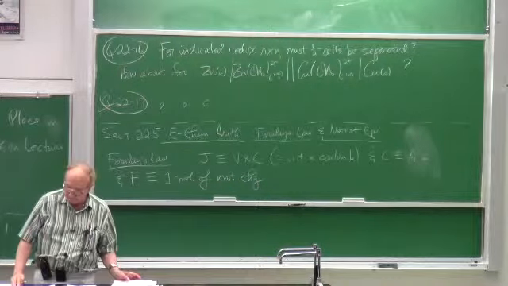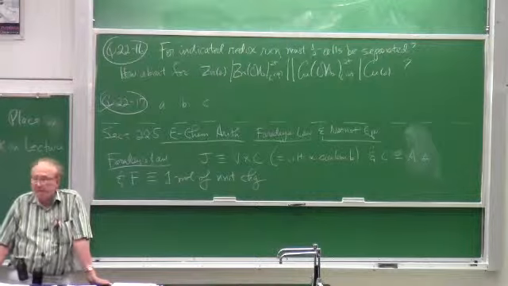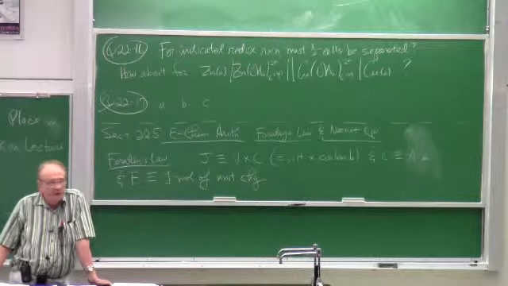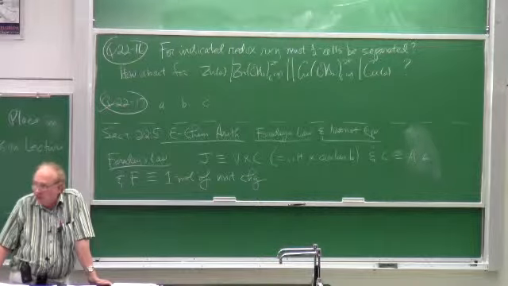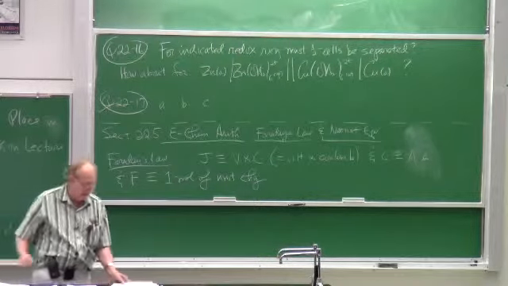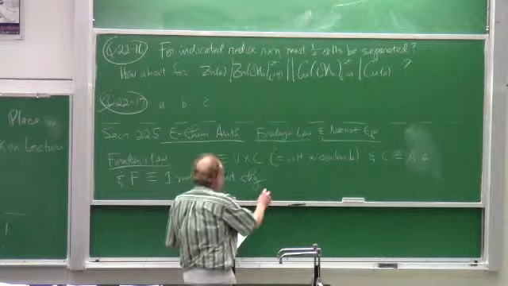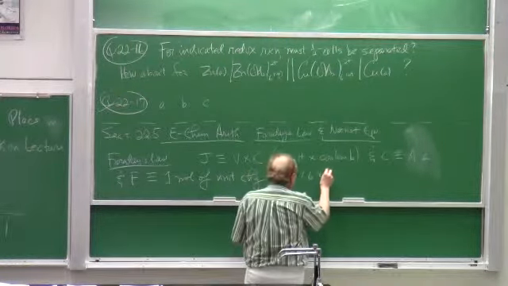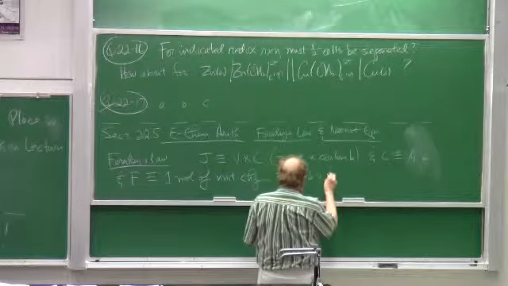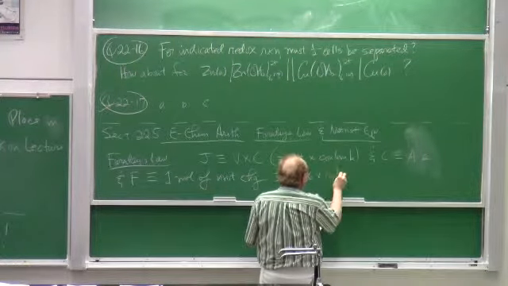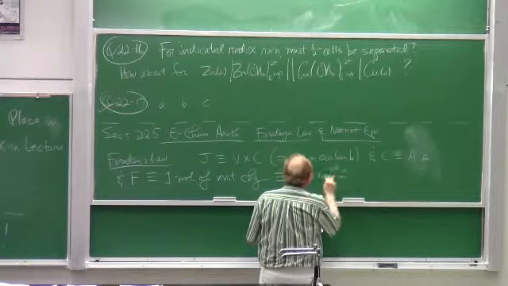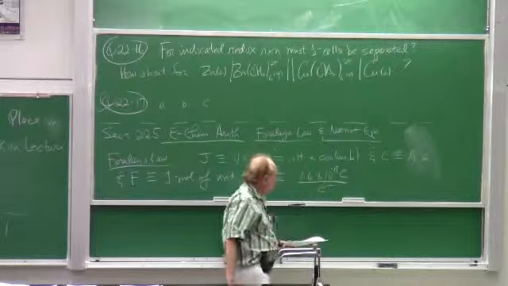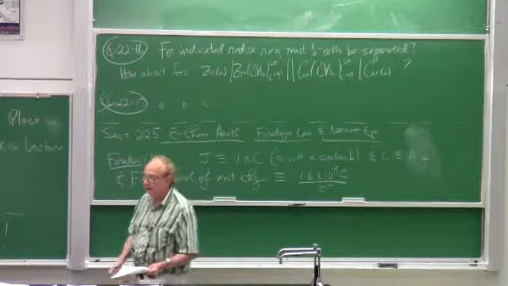In other words, the Faraday is by definition the total electric charge borne by a mole of electrons. And that is given by 1.6 times 10 to the minus 19 coulombs per electron.